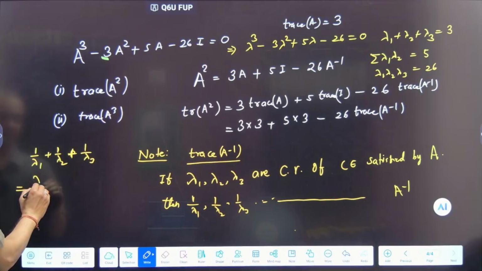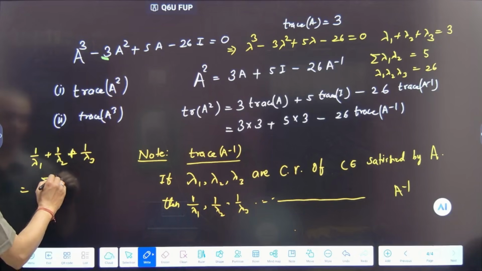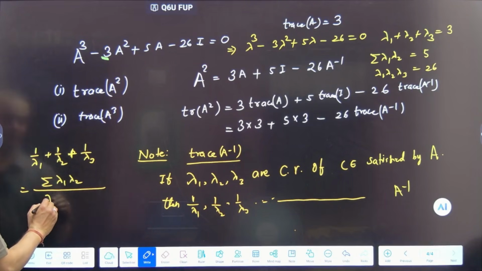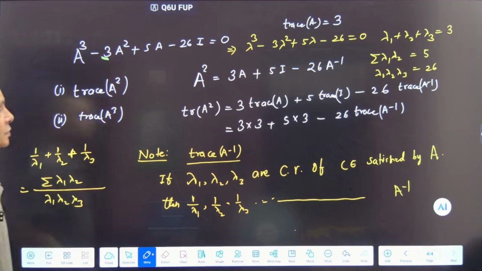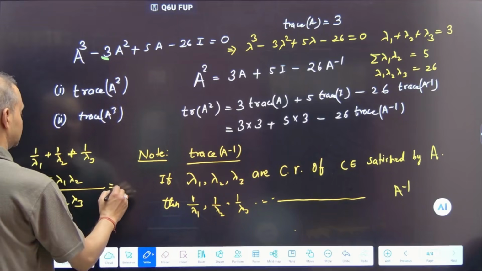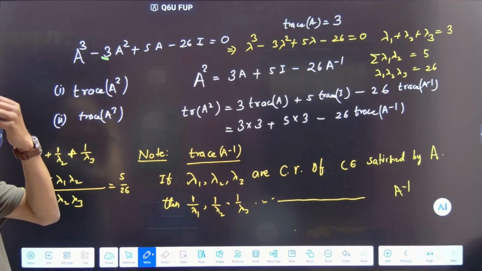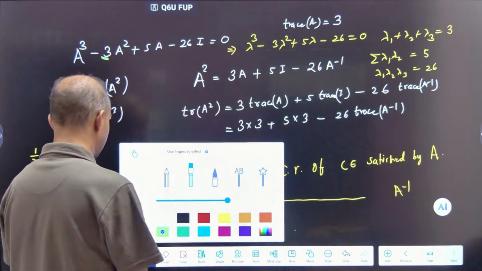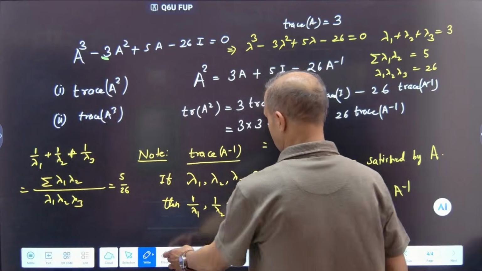This is nothing but in the numerator the summation of lambda 1 lambda 2 divided by the product lambda 1 lambda 2 lambda 3. You know that this value is going to be 5 and this value is 26. We can substitute it there, and from there, if I have not done any mistake in any calculation, our answer should be rather this one.